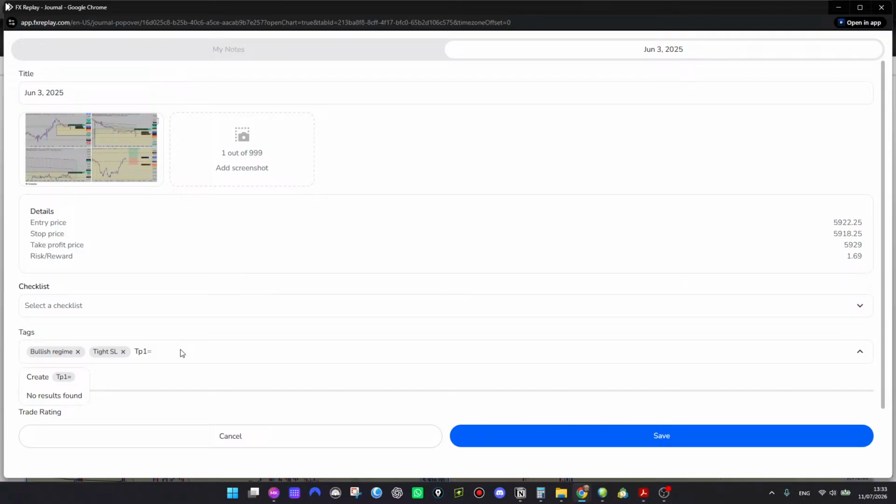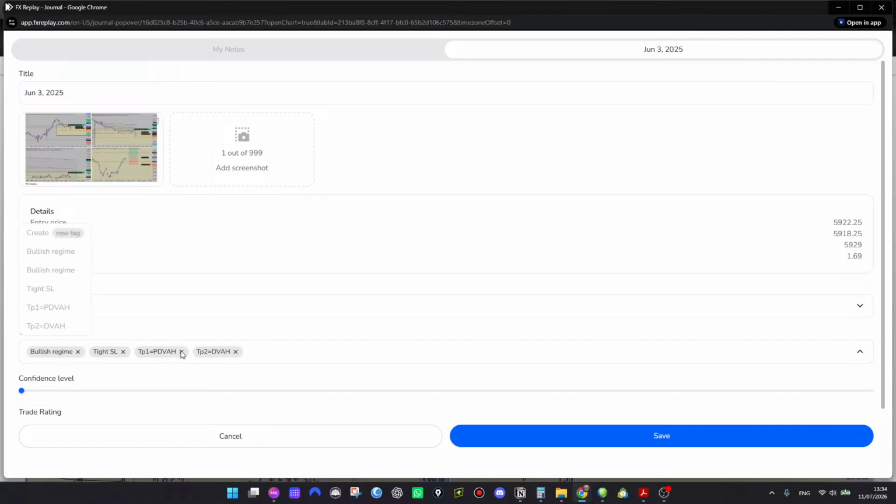TP1 equals the previous DVA high, and TP2. TP2 is the DVA high, the development.